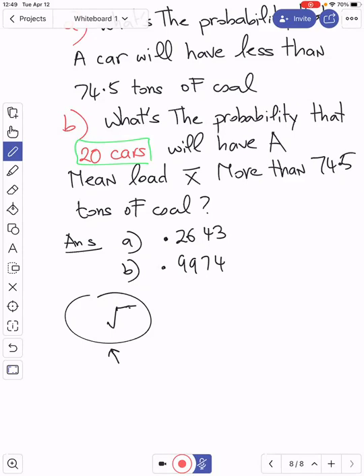Well, square root of 20, if you want to simplify it, that would be 2 square root of 5.